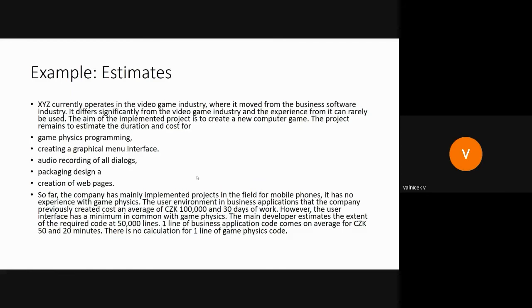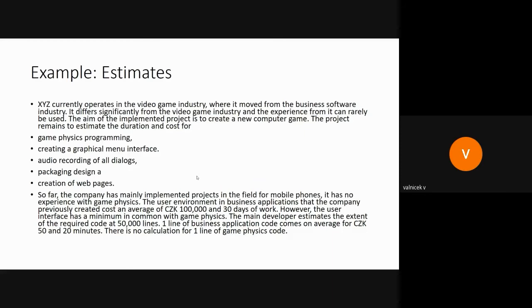The main developer estimates the extent of the required code at 50,000 lines. One line of business application code comes on average for 50 crowns and it takes 20 minutes.